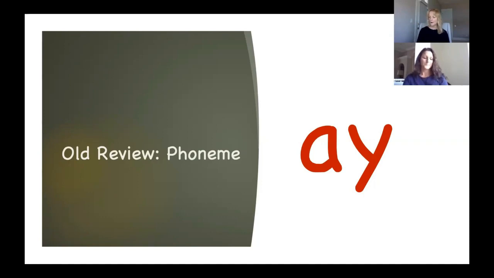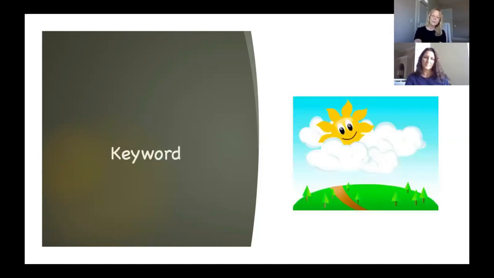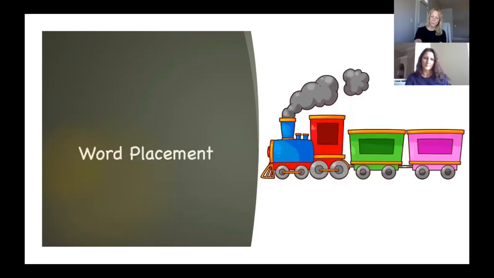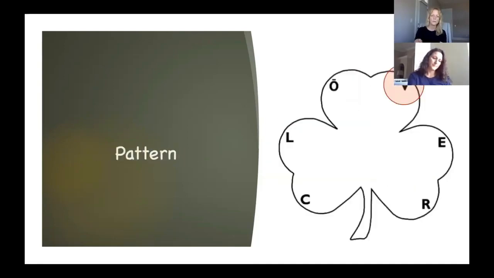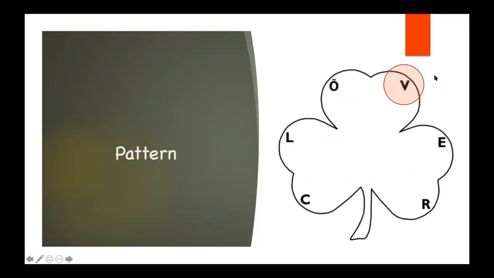Okay. All right. Good job. And do you remember, so we talked about the keyword and the word placement, and did we talk about what pattern it was? Not yet. So what pattern do you think AY is? It's a vowel team. Good job.